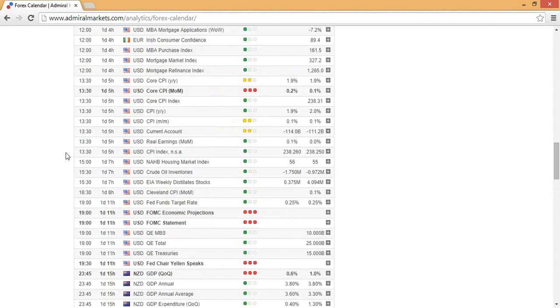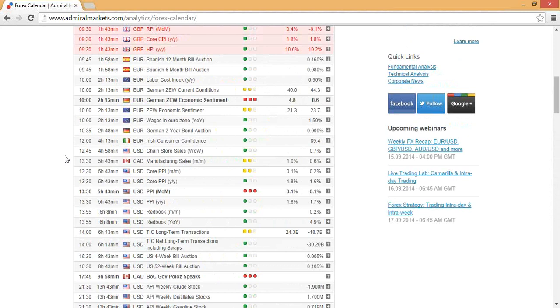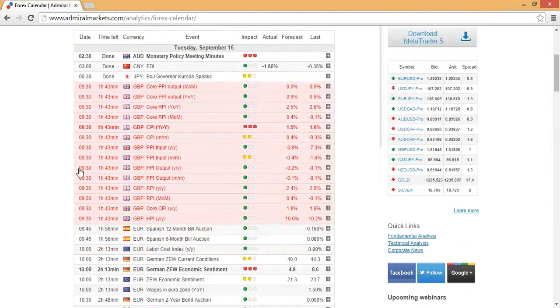This week is a tough week, I would say, because we have a lot of pound news and dollar news this week. We got pound CPI coming up at 14:30. So that's hanging like a rock around the neck of anyone who wants to trade the pound.